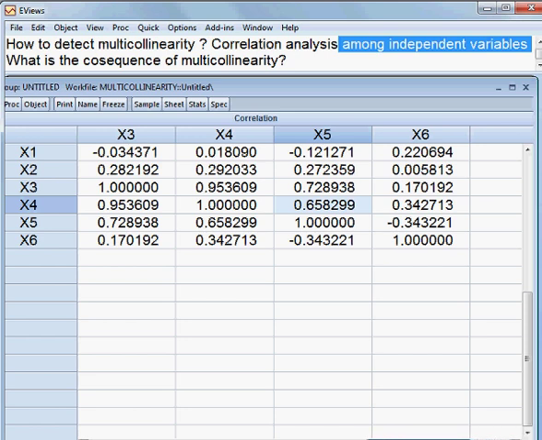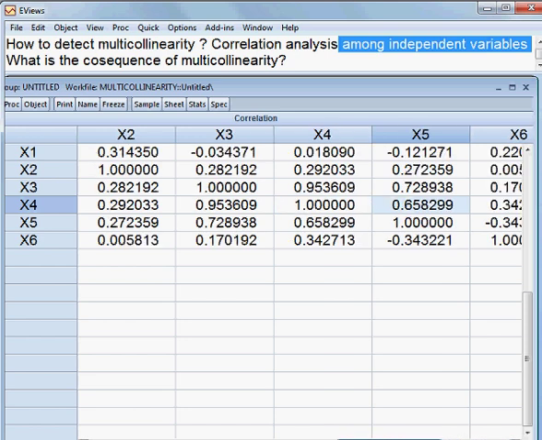From here I can see that this one, meaning the correlation coefficient between x3 and x4, is the highest. How much? 95.36%.